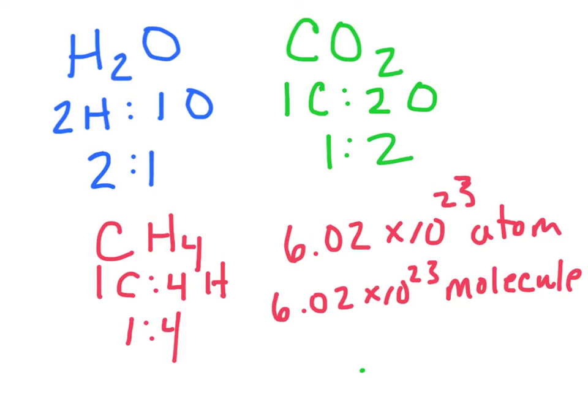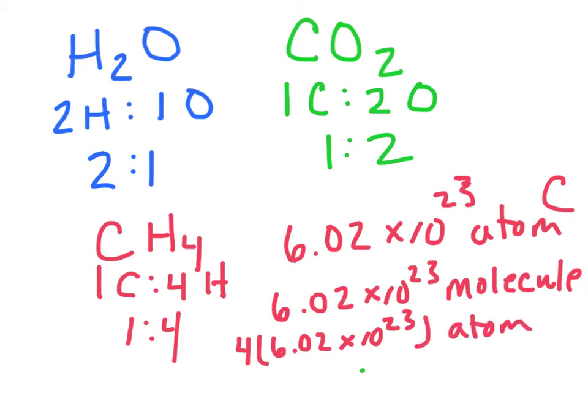For instance, in CH4, I have 6.02 times 10 to the 23rd atoms of carbon, but I have 4 times 6.02 times 10 to the 23rd atoms of hydrogen in the 1 molecule of CH4.